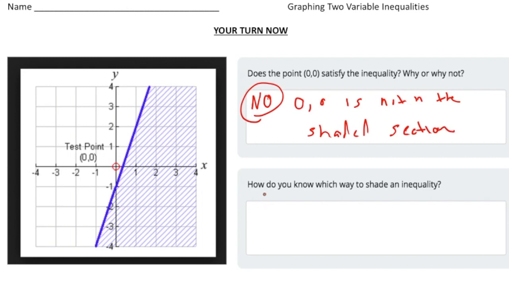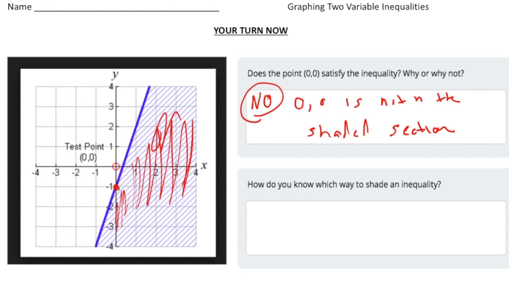Next question. How do you know which way to shade the inequality? Here's our y-intercept, and as I go down the y-axis, this is the part that's being shaded. Because of that, we know that this inequality is going to be y is less than or equal to whatever the equation is. Let's figure out the equation of this graph.